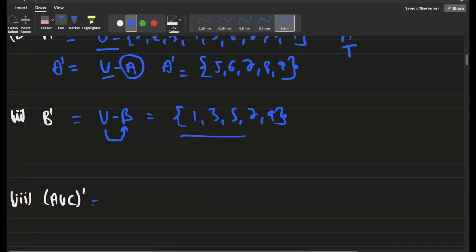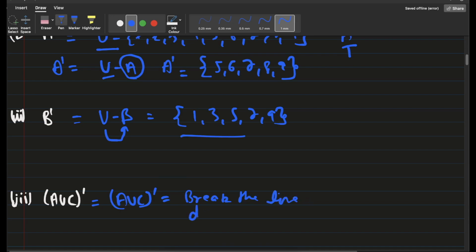Now here comes a question: (A union C) whole complement. We have discussed De Morgan's property in our theory lecture, in which we discussed De Morgan's law, which was: break the line and change the sign.